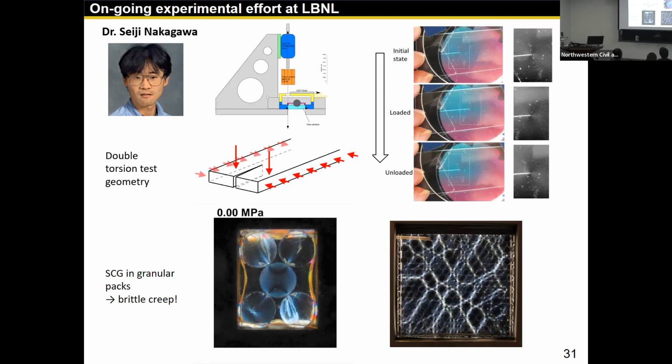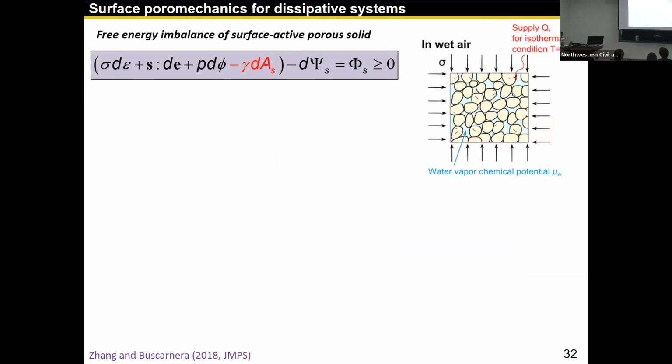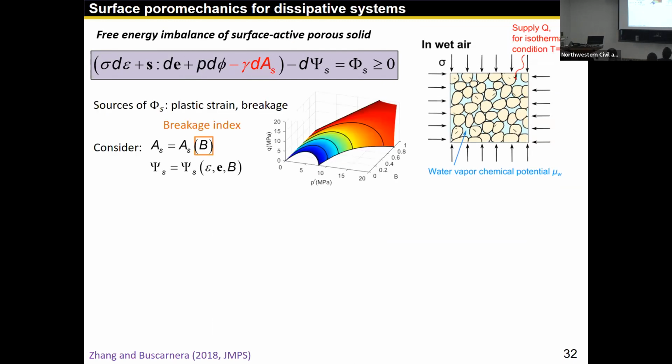Actually, the surface pore mechanics framework can easily model this system. If you remember, previously another route is to look at the free energy imbalance. Look at this equation, and then we specify this term. The surface area growth is related with the breakage of the system because breakage causes smaller particles, increasing the surface area.